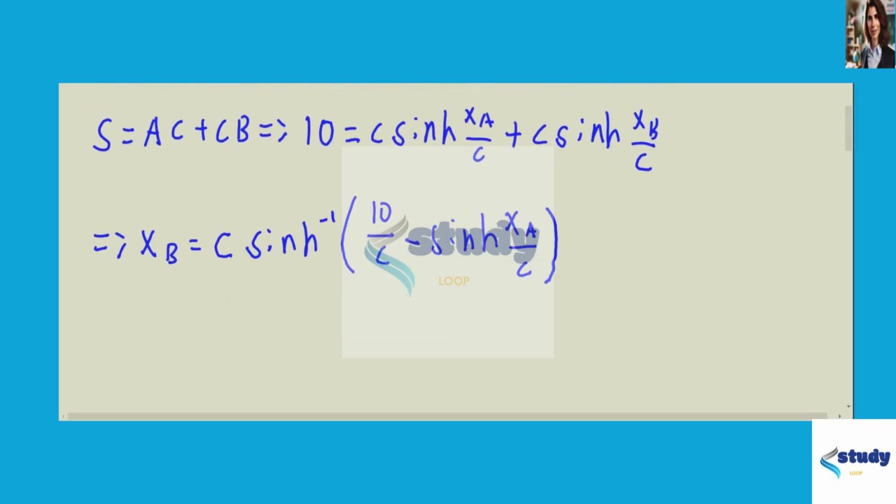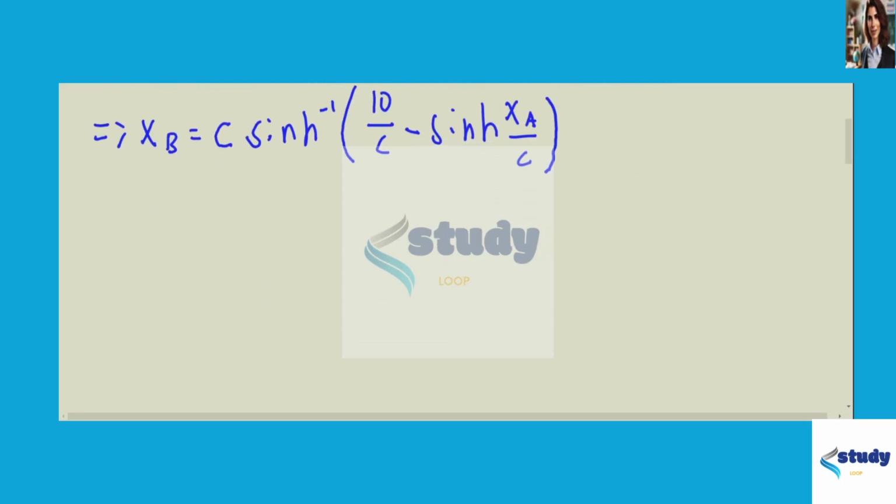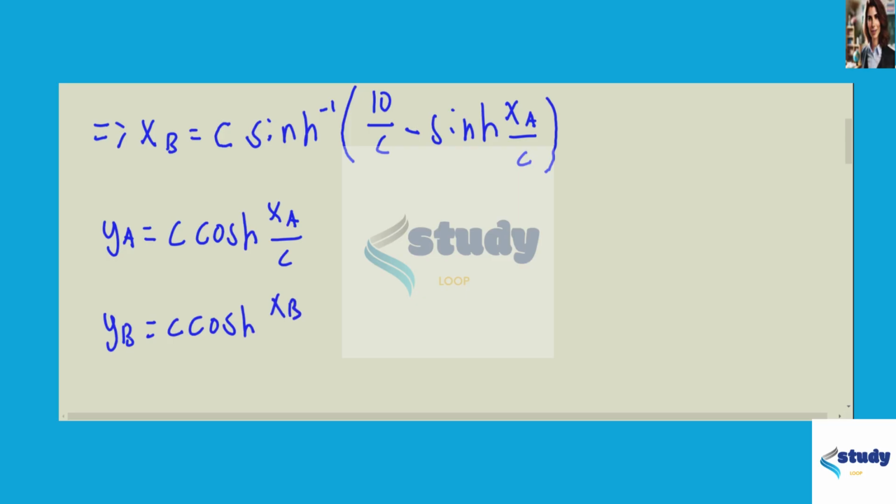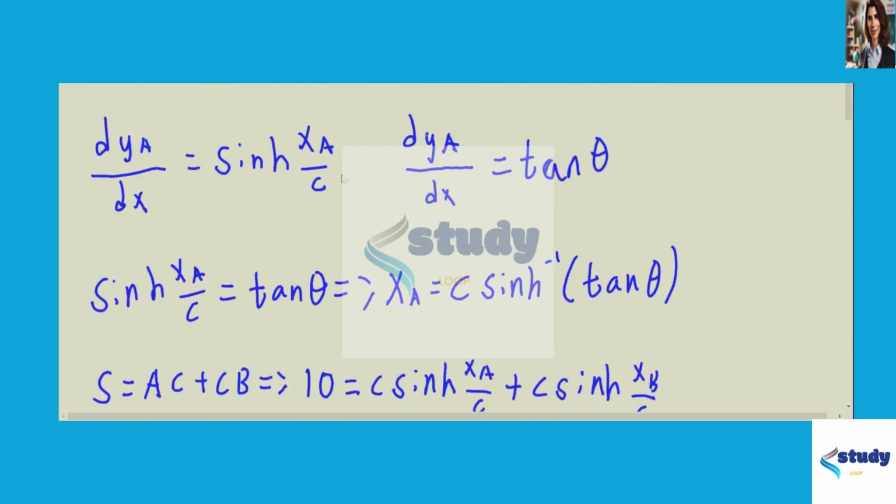So next I'm going to write out the equations for y of a and y of b. So the length y of a is equal to c times the hyperbolic cosine of x of a divided by c, and y of b is equal to c times the hyperbolic cosine of x of b divided by c. And now we're going to look at the free body diagram.